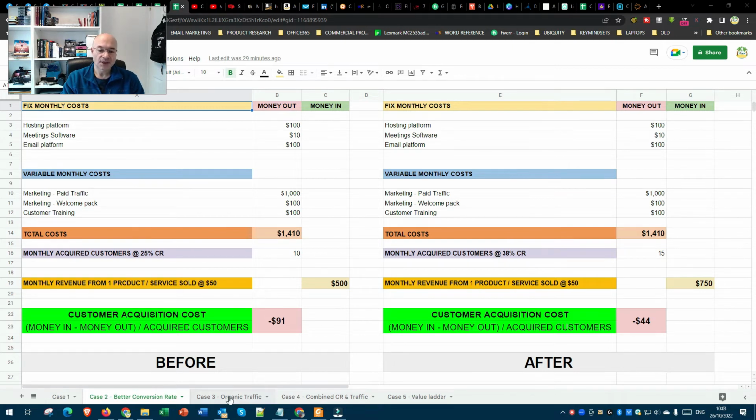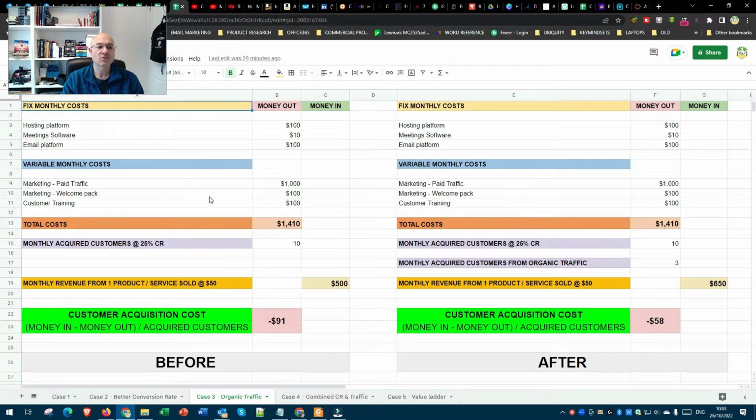Another way of bringing the cost down is because we were initially paying a lot of money to capture that customer via paid traffic. Why not add another source of traffic? We would be using organic traffic, which means you don't pay for it. So the before and after, if you look at that, we will have the initial 10 customers we acquire from our paid traffic, and then thanks to our organic traffic we are capturing 3 additional customers.